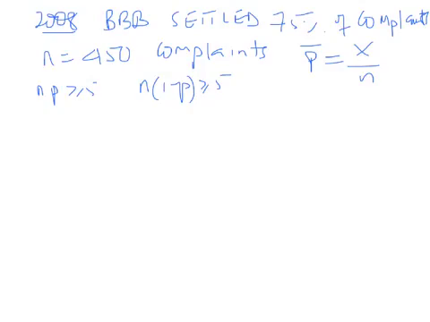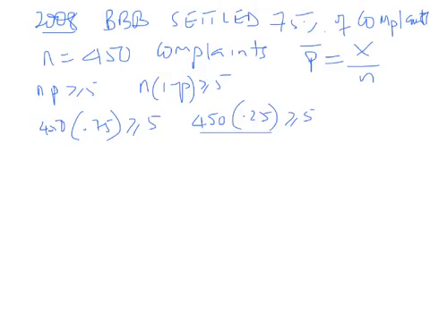Now I said p here, although I did say that I was going to use pi. So 450 times 0.75, that's 3/4 of 450, we know definitely is greater than 5. And then 450 times 1 minus 0.75, which is basically 0.25, is also greater than 5. So since this condition is satisfied, the sampling distribution of the sample proportion should be approximately normal.